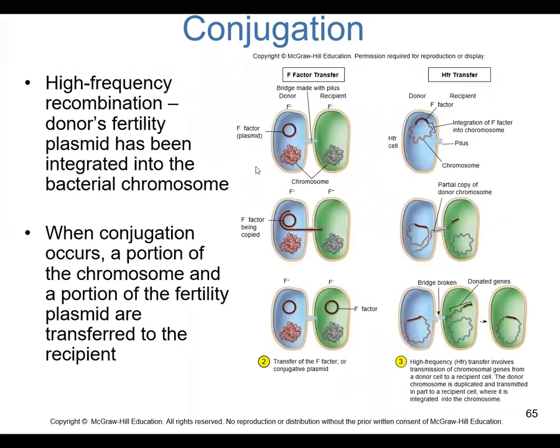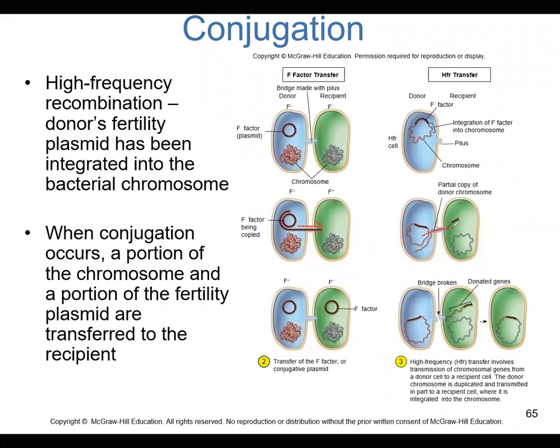There's a couple of methods of it. High frequency, where it's getting paired up into the bacterial genome and not just the plasmid sitting out there. Ultimately, what I want you to know with conjugation is that the genes are going from one to another.